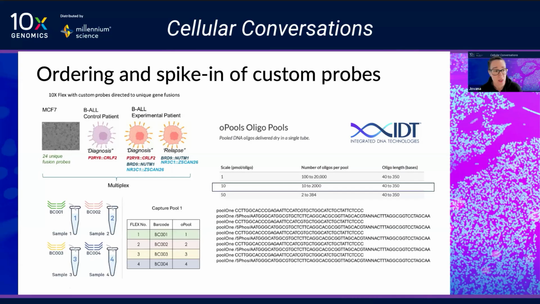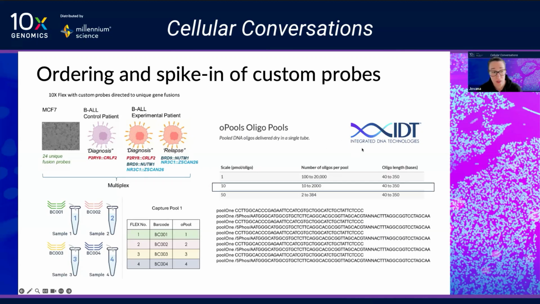So it was a nice little internal control. And so we designed 4 identical oPools, oPools 1 to 4, for probes against the MCF7 fusion and the leukemia fusions, and these only differed by the addition of the unique barcodes for the four samples so that we could multiplex.